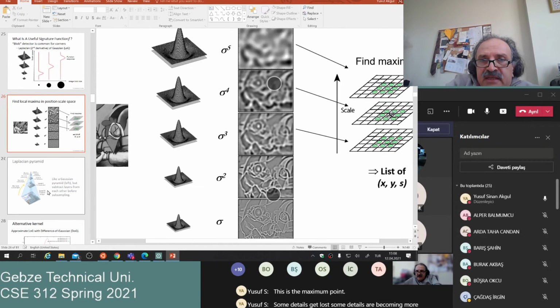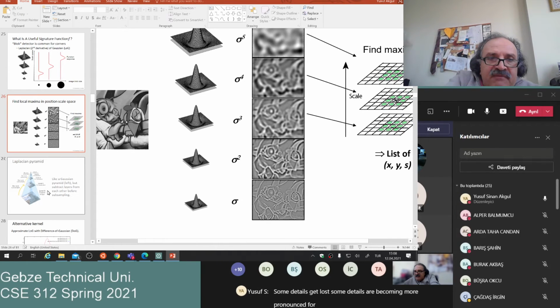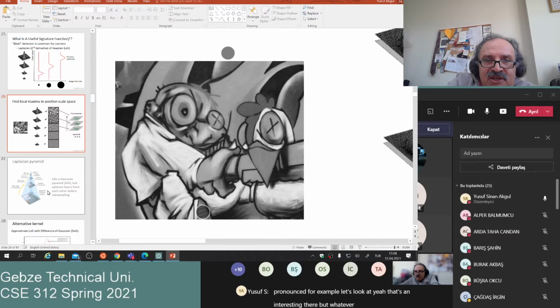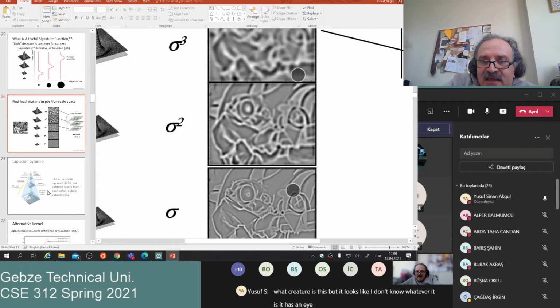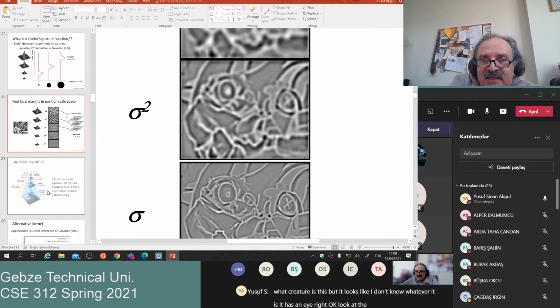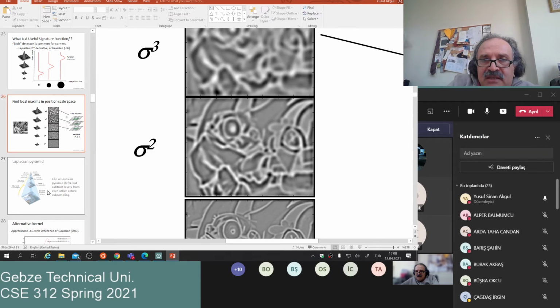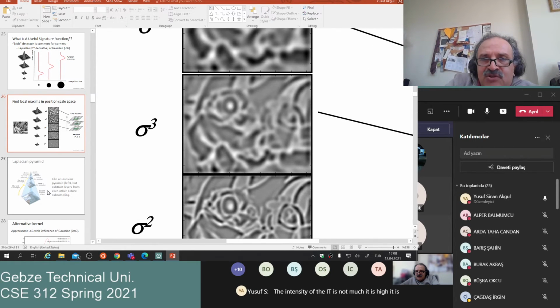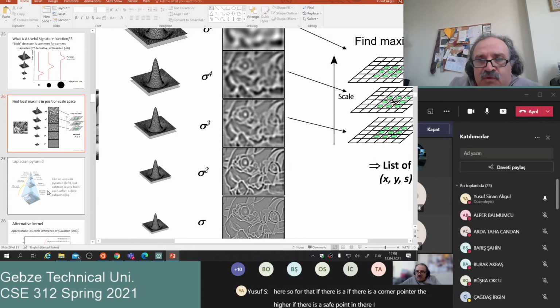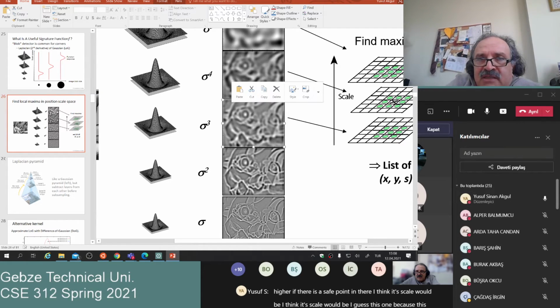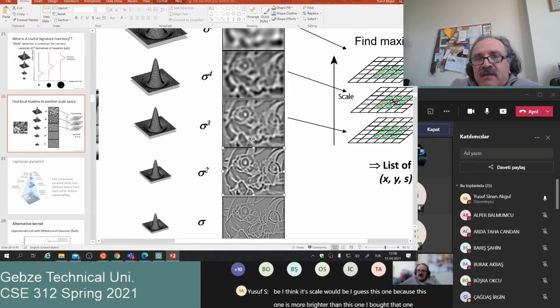For example, whatever creature this is, I don't know what creature this is, but it has an eye, right? Look at the intensity of the eye. It is high here, it is not that high here. So if there is a corner point, or a SIFT point in there, I think its scale would be, I guess, this one, because this one is brighter than this one and that one.